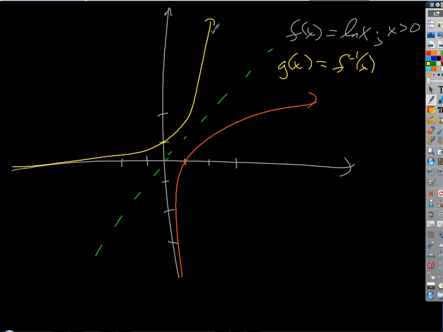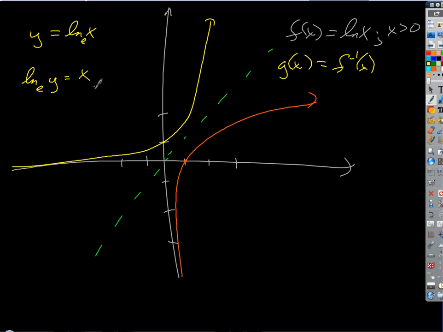So if y equals natural log x, what's the base? A natural log is really just a base e log, right? To come up with the inverse, we're just flipping x and y, so we end up with the base e log of y equals x.